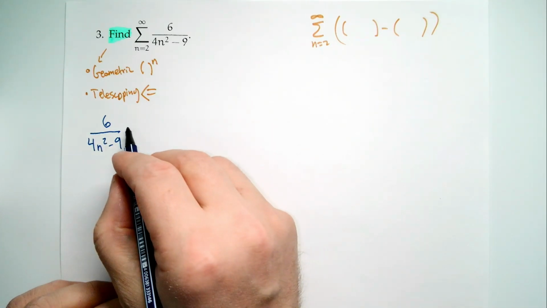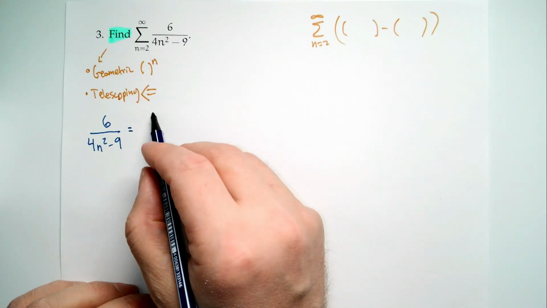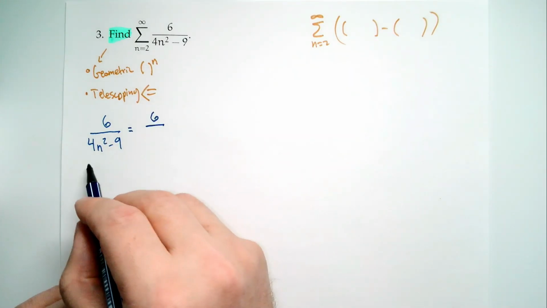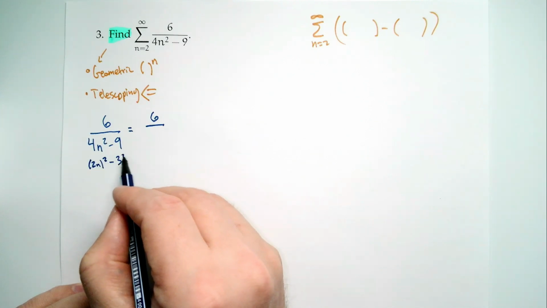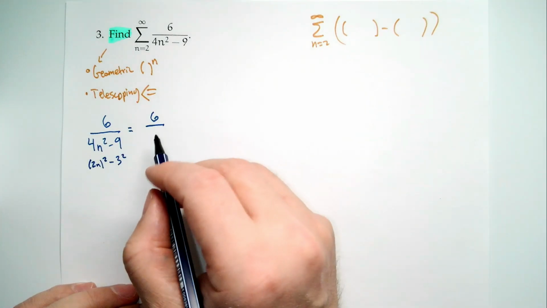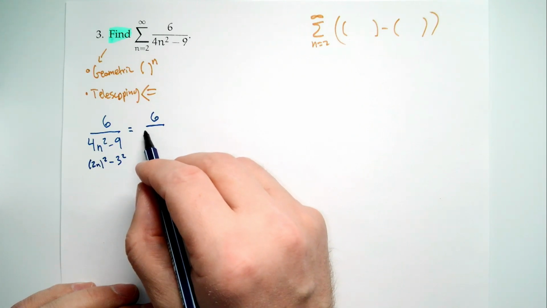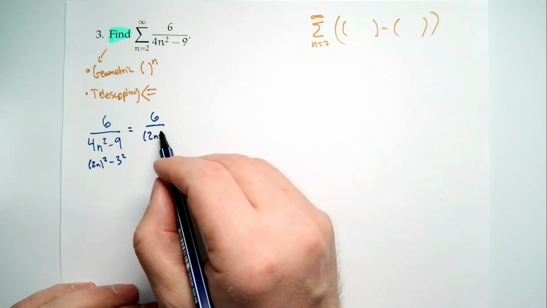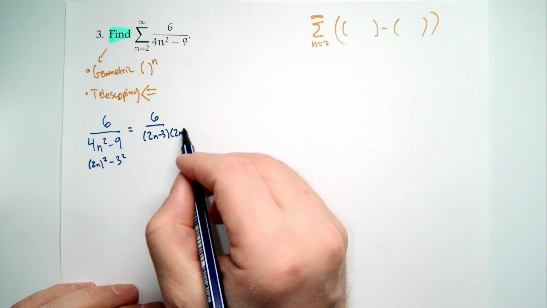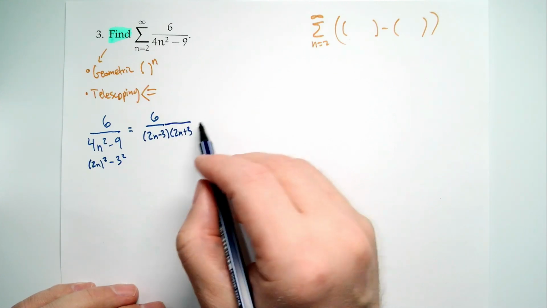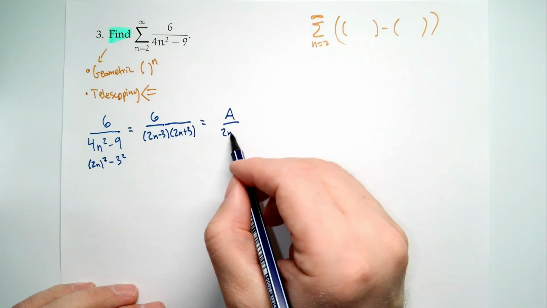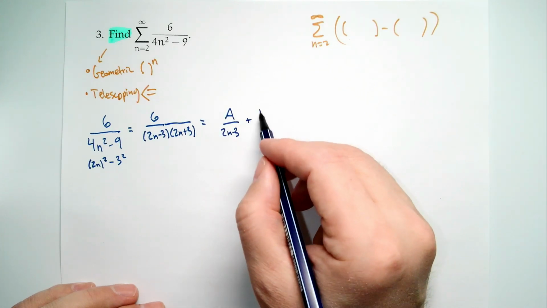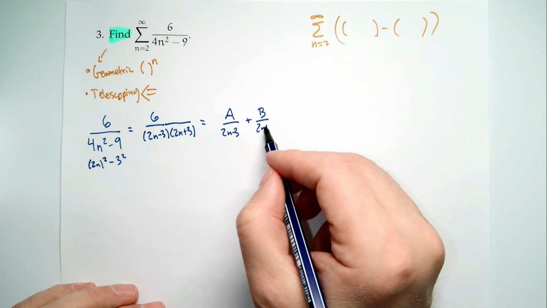So if you think of 6 over 4n squared minus 9, you can factor that, because this is really 2n quantity squared minus 3 quantity squared. So that's 6 over 2n minus 3 times 2n plus 3. So that's something over 2n minus 3 plus something else over 2n plus 3.